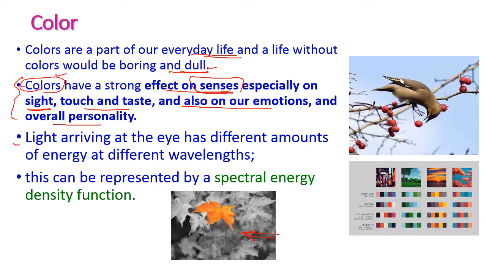Here, light arriving at the eye has different amounts of energy at different wavelengths. That means all the different colors have different wavelengths. Because of that, animals and birds can identify their food, whether the food is ripe or not. When it is ripe, then it is eatable. This can be represented by the spectral energy density function.